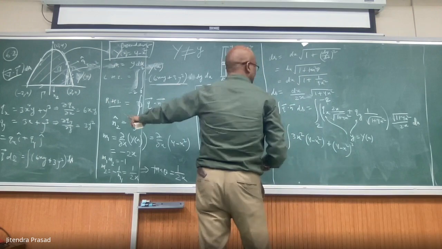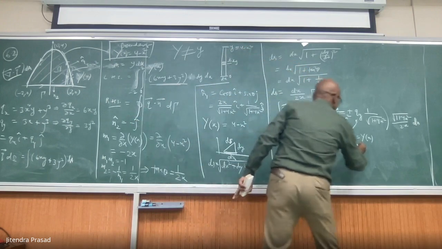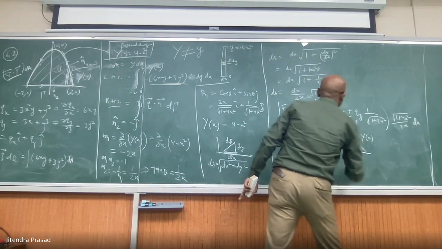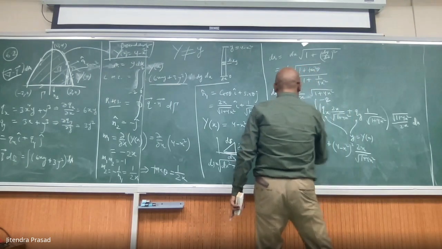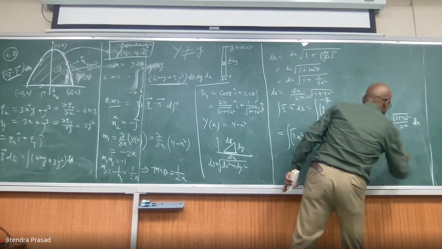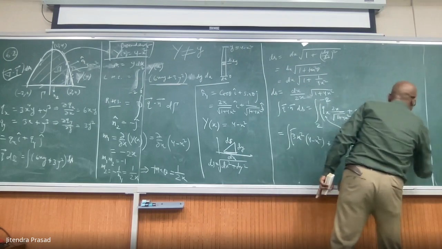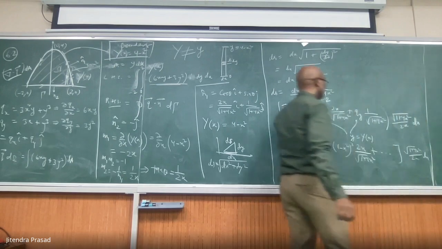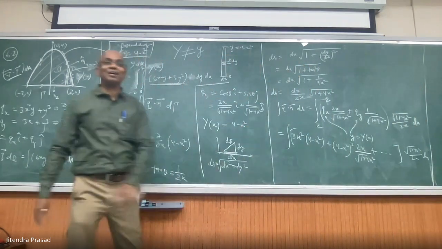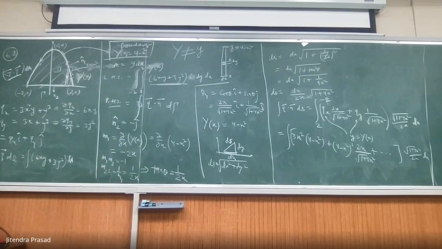So you write like that. And then you have 2x over root 1 plus 4x square, and so on, right? Plus this 1 plus 4x square 2x dx. So long integration, so you have to do it.